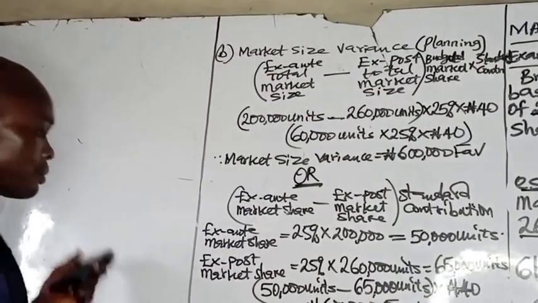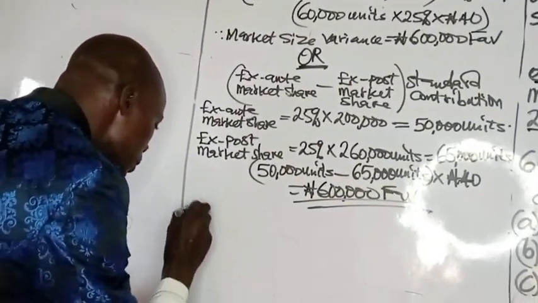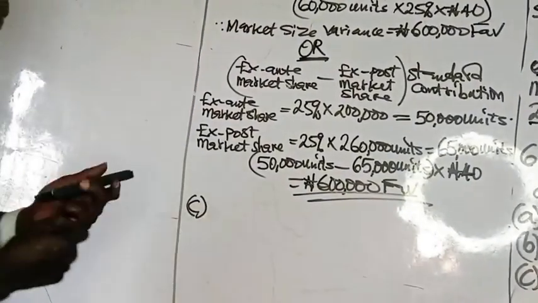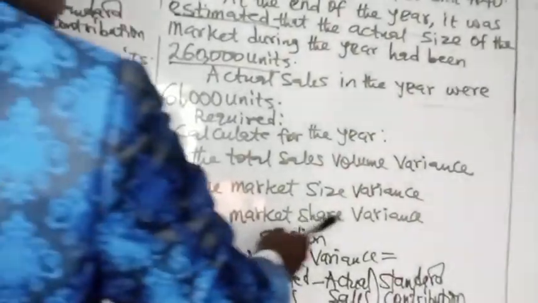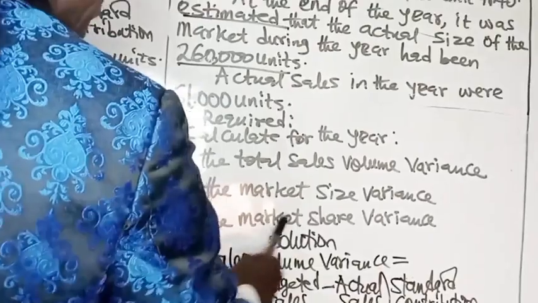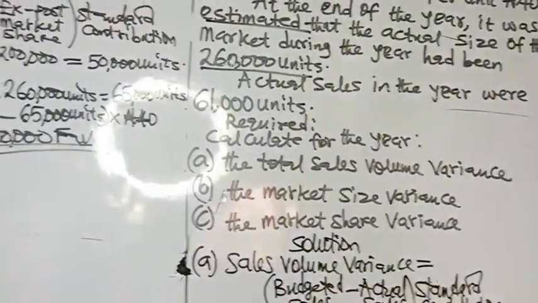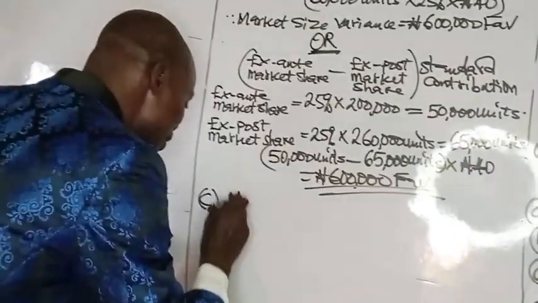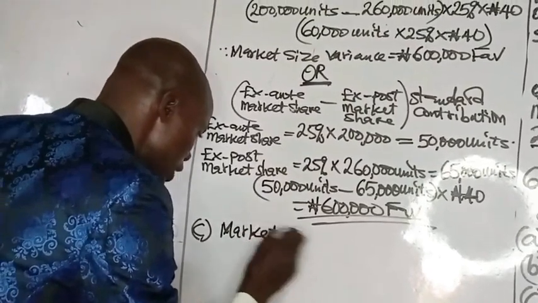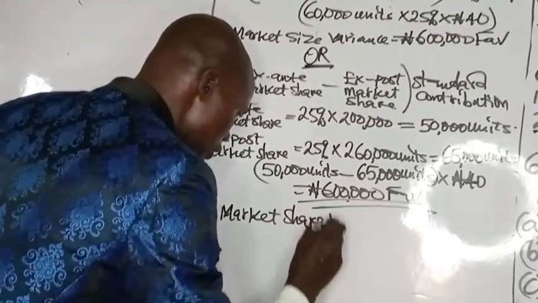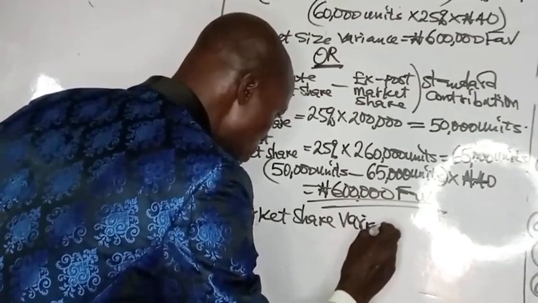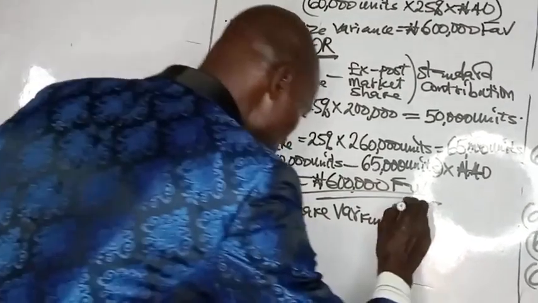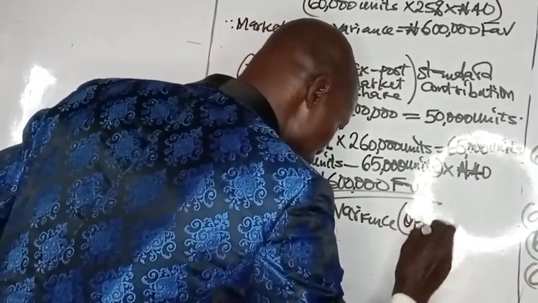Now, C. In part C of the question, you have to compute the market share variance. Remember, I've told you the market share variance is an operational variance.